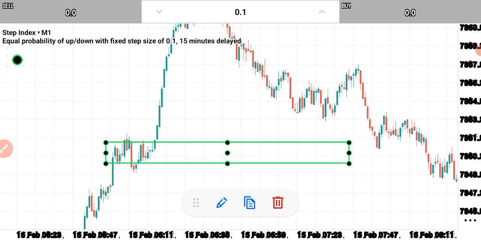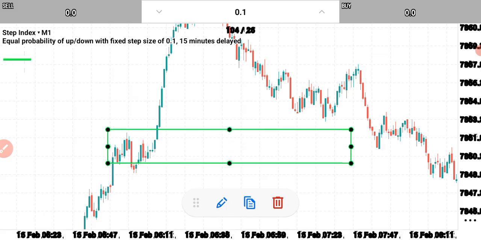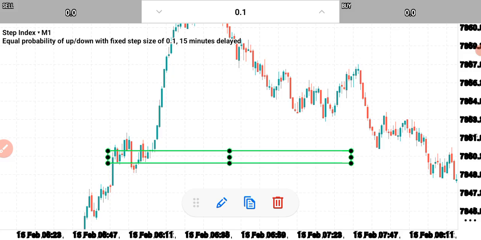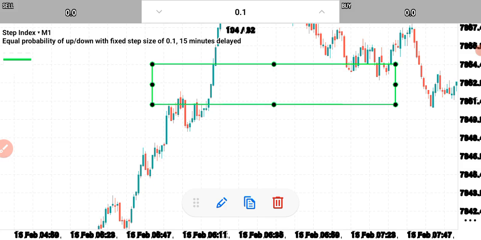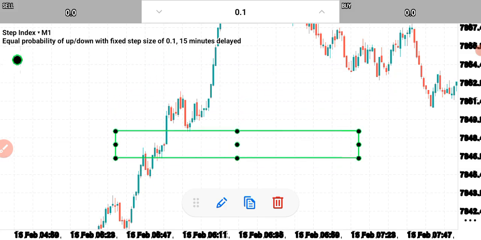Okay, I think I found something here. It still did not work there. I'm trying to see anywhere it worked at. Well, let's say red for red equals green.